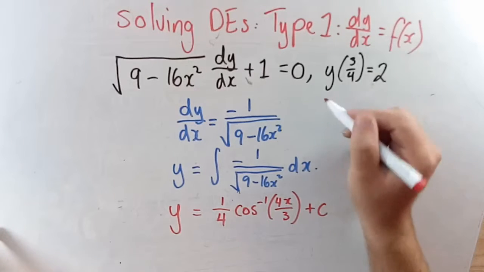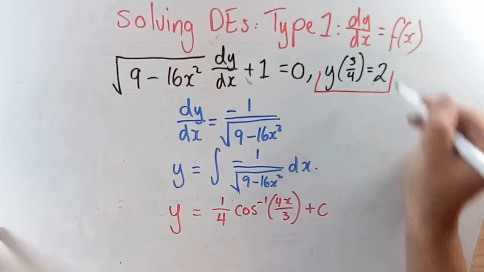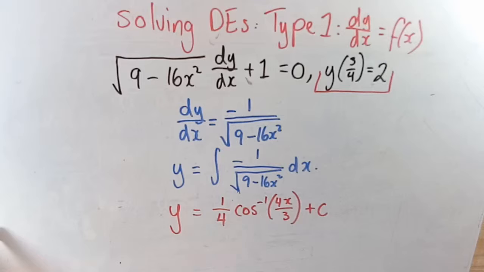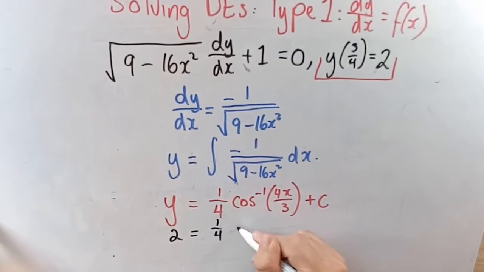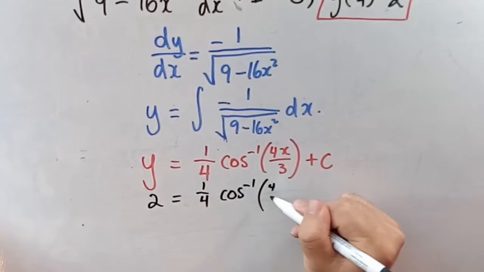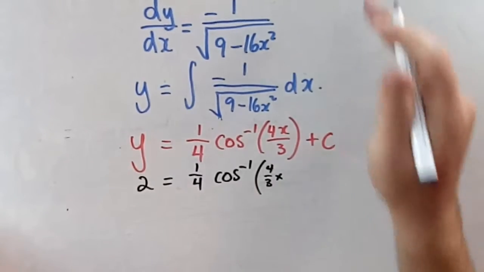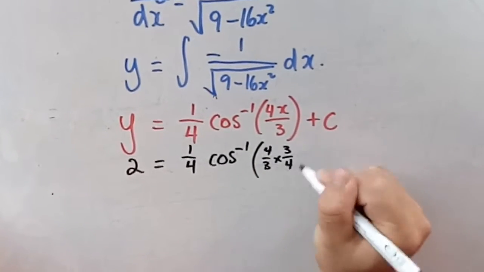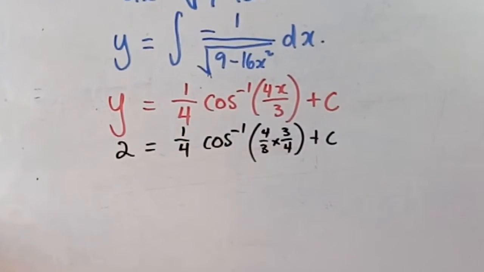Now we can find this c because we're given this boundary condition up here. The boundary condition helps us find what c is. So we've got 2 equals 1/4 inverse cos of 4/3 times x, and x is 3/4, plus c.